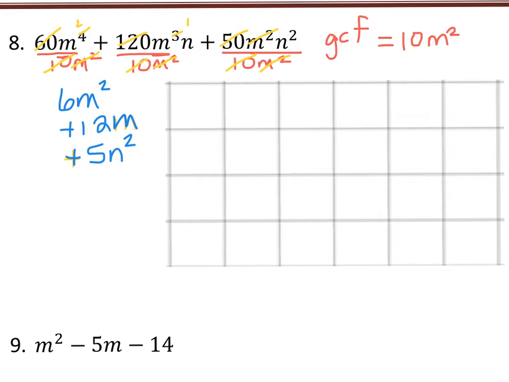And so initially what I have here is 10m squared times the trinomial 6m squared plus 12mn. Sorry, I left out the n there. Plus 5n squared.